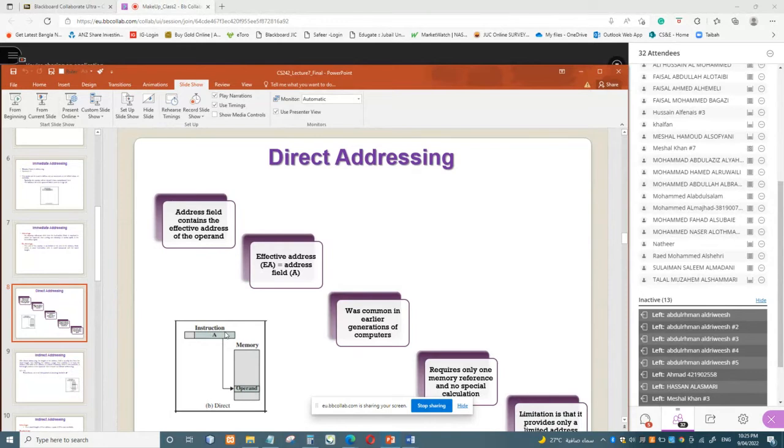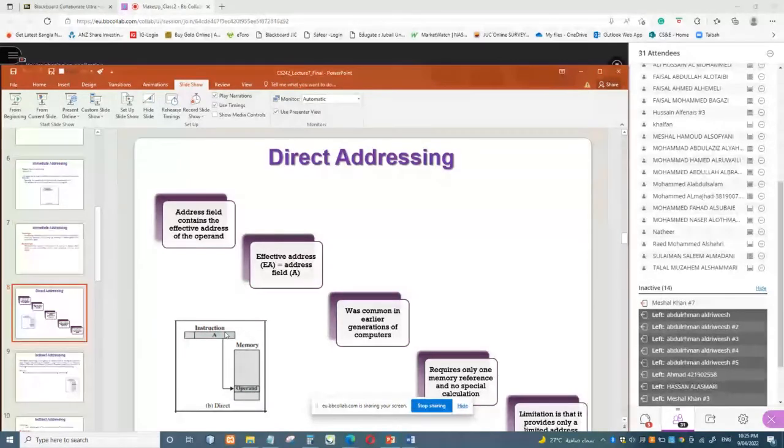Now, if your instruction is only 16 bits, and 5 or 6 bits are used for the opcode, then the remaining 10 bits can be used for the address of the memory location. A 10-bit address means the size of your main memory can be a maximum of 1 kilobyte. But nowadays we have gigabytes of memory. So direct addressing nowadays is not possible.